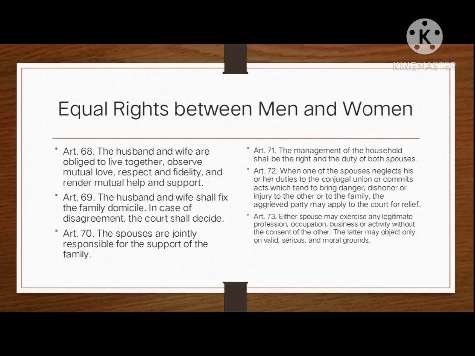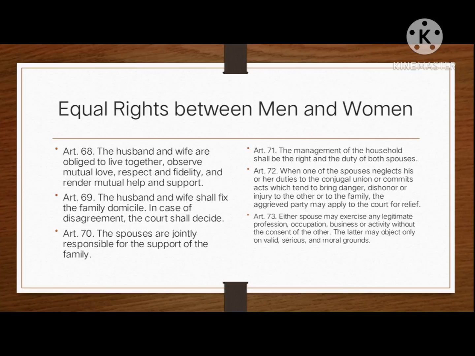So when it comes to family domicile, the court shall exempt one spouse from living with the other if the latter should live abroad or should work from a distant place. The spouses are jointly responsible for the support of the family.